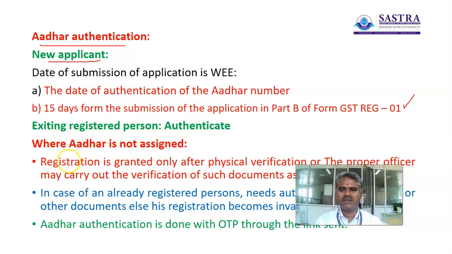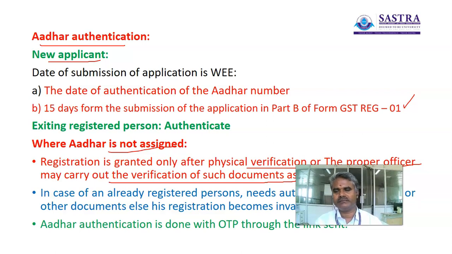Existing registered person, authenticated. Where Aadhaar is not assigned, the registration is granted only after physical verification. The proper officer may carry out the verification of such documents as may be given. So when your Aadhaar is not given, the proper officer will come directly to your place and verify all the documents physically. When he is satisfied, he will grant the registration number.